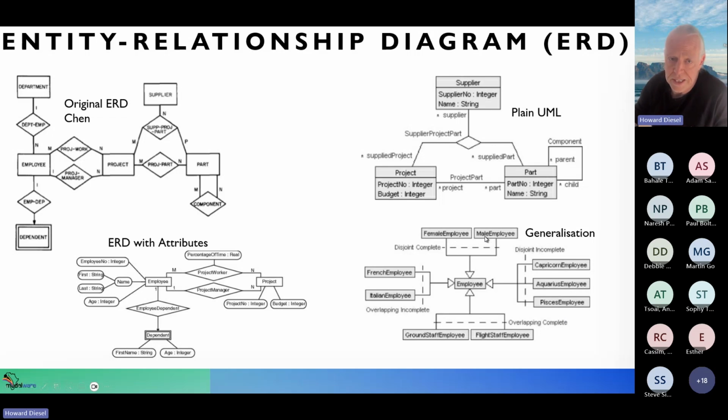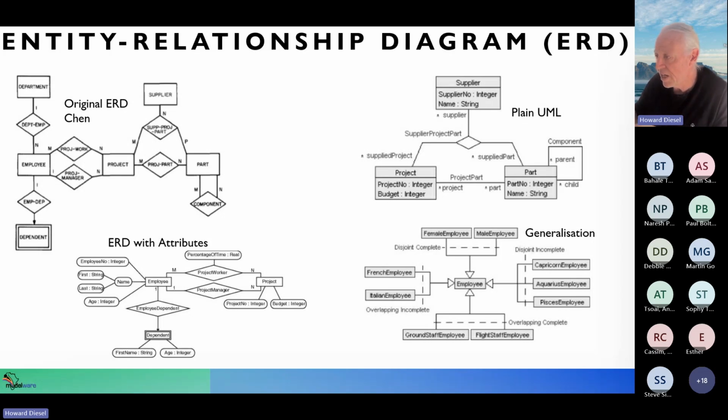You can't get anything else. There may be some arguments these days about that, but let's not go down that route. So you have disjoint complete, you have disjoint incomplete, meaning that there may be more. This is just a sample of the subtypes. And then you get overlapping incomplete, so that there may be someone who's both French and Italian.